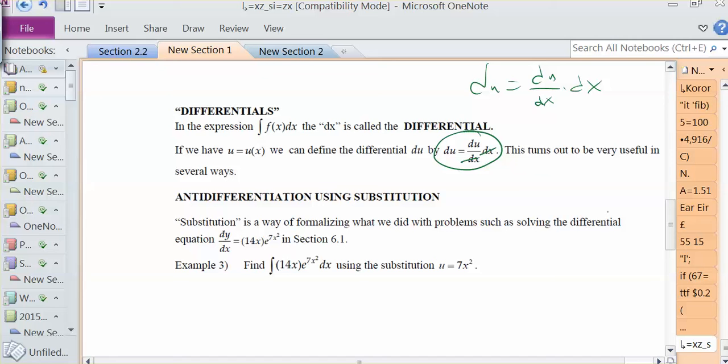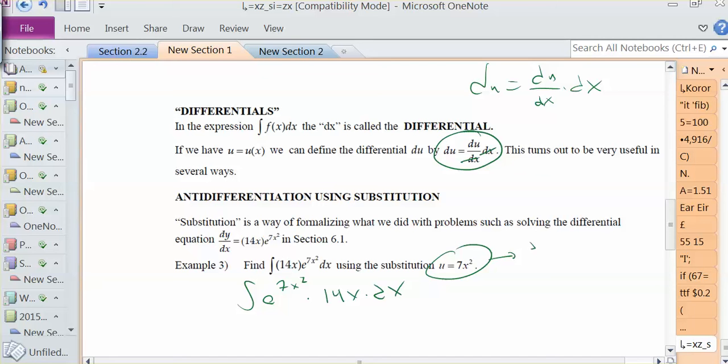So, dy over dx equals 14x times e to 7x squared. That was one of the examples in section 6.1. So, what if I decided to rewrite this integral in this manner? I'm just rearranging some things here. And what if I decided to let u equal 7x squared?